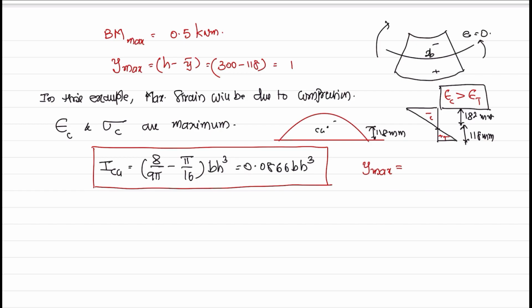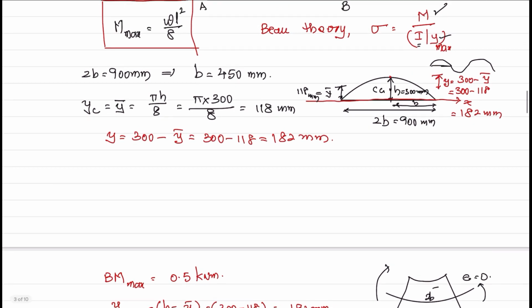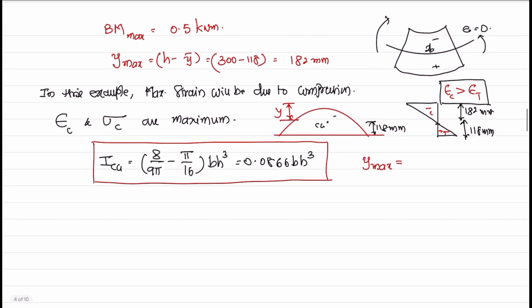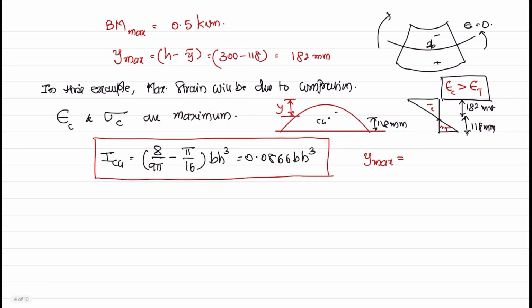That is equal to 182 mm. Y is 182. This is Y. You just see, center of gravity is 118 and Ymax is 182 mm.